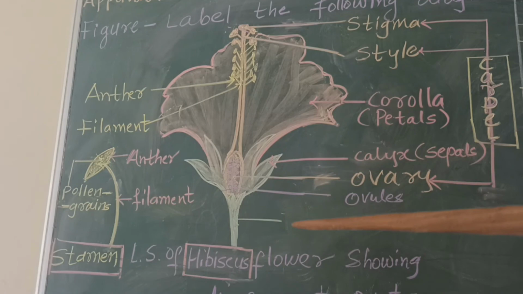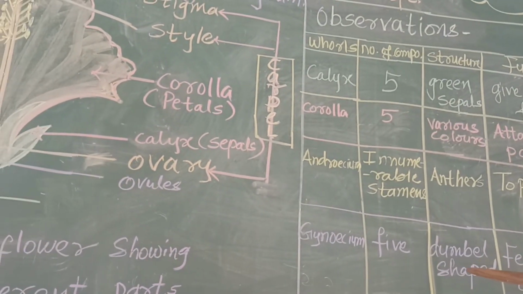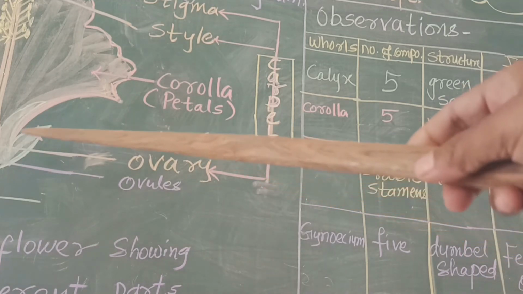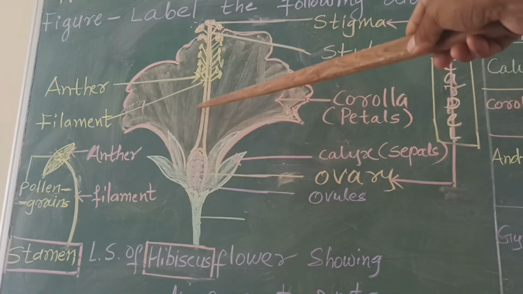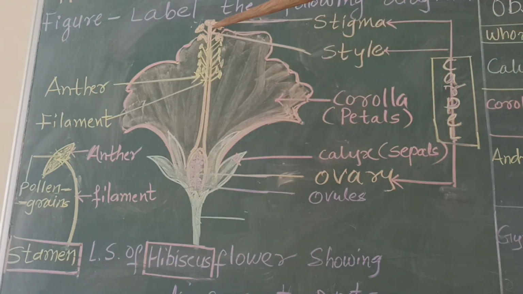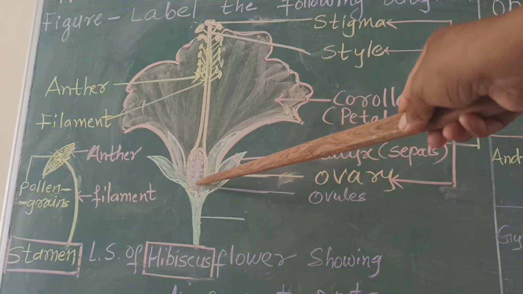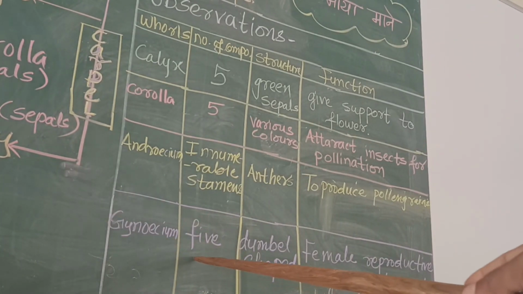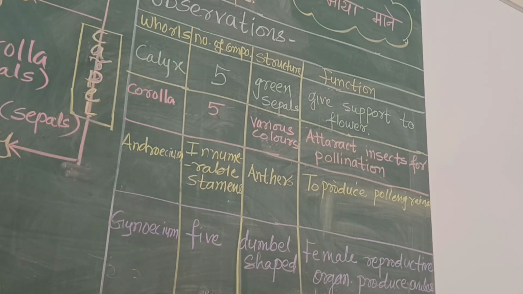Here ovary, style, stigma. Inside the ovary, ovules are present. That's why the function of gynoecium, that is, gynoecium are 5 in number. The stigma is dumbbell shaped and functions to produce ovules inside the ovary.